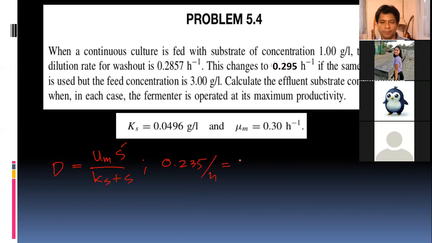Yung mu m natin is 0.3 per hour. Tapos yung S, ito yung hinahanap natin. And then K sub S is 0.0496 grams per liter. So yung S natin would be grams per liter. Solve nyo lang. Pwede lang naman yun.